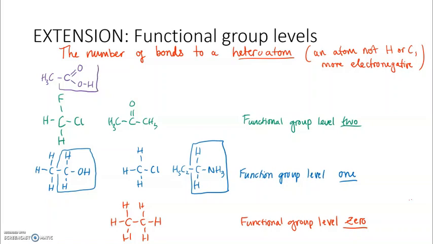If we consider the functional group within this molecule here, we've got 3 bonds to heteroatoms, so we have a functional group level of 3. Okay. So this could also look, for example, like this.